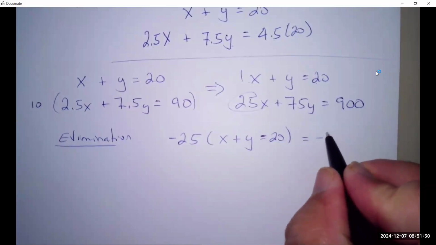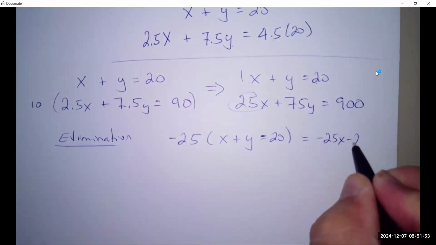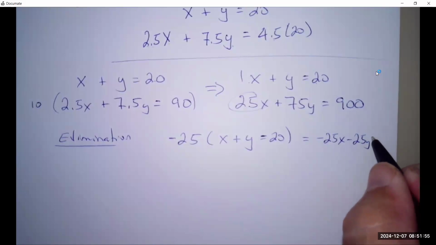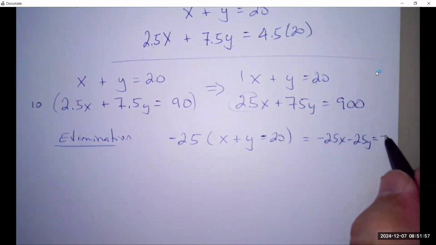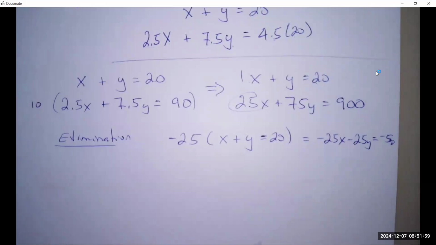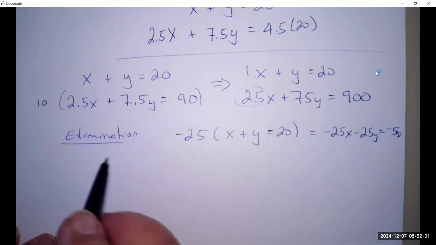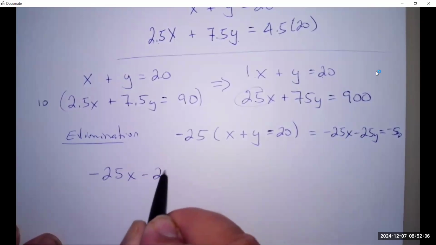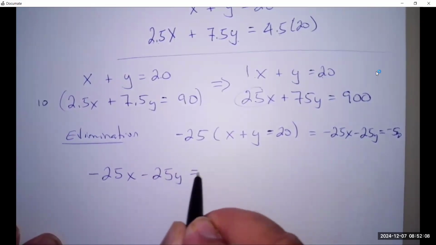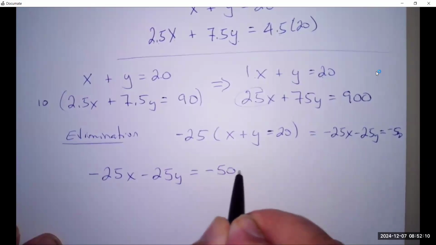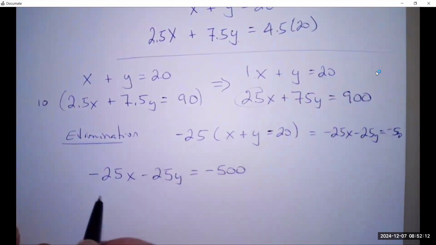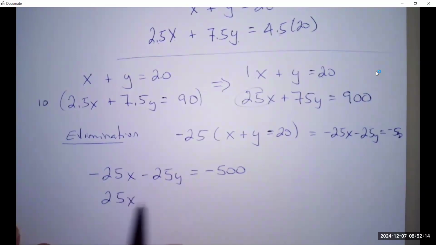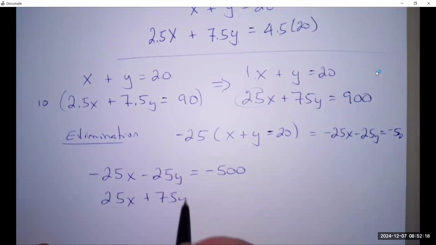That gives us negative 25x minus 25y equals negative 500. The second line is 25x plus 75y equals 900.